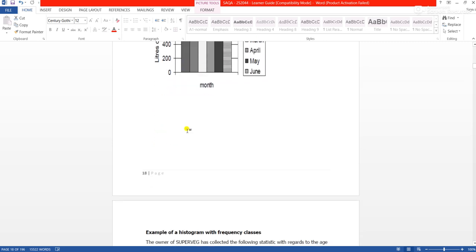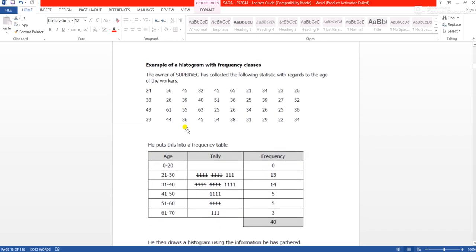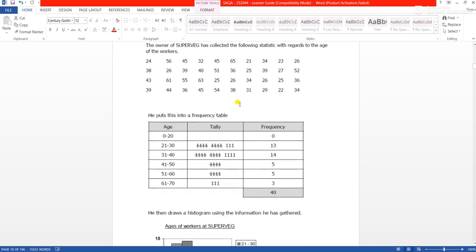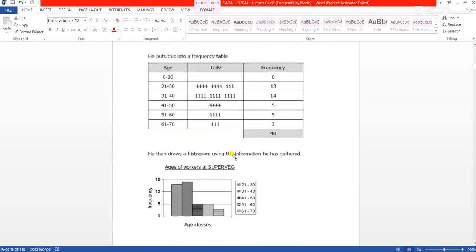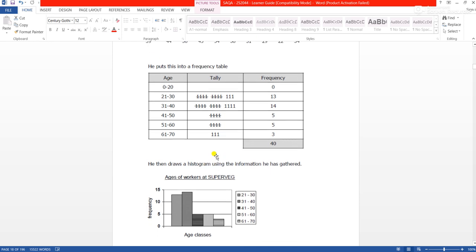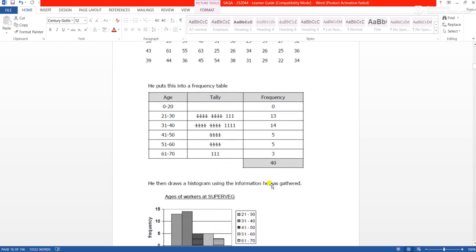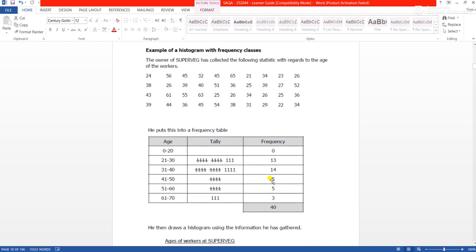So these are just the types of graphs that are given, and these are most likely the questions that you will be asked. You'll need to draw a histogram based on the frequency table that you were given.